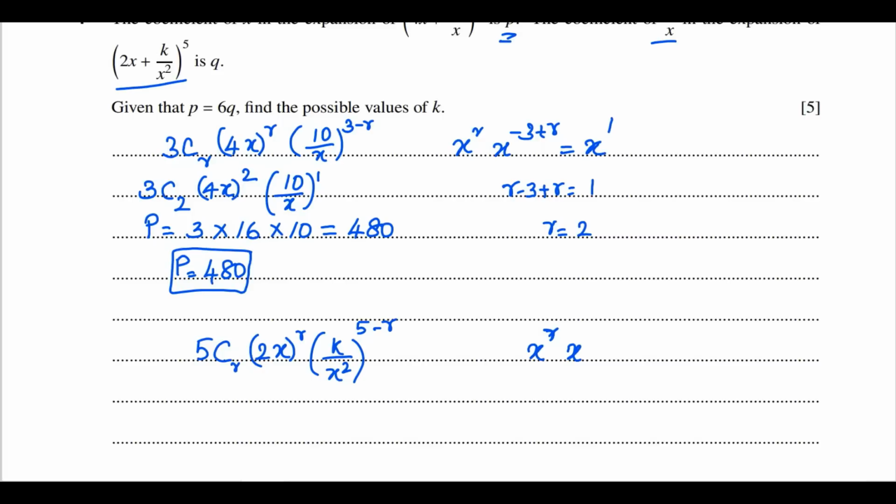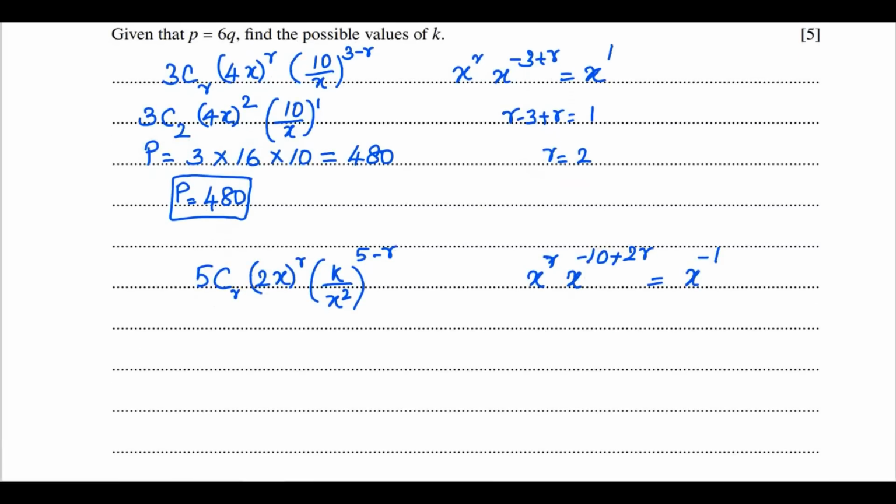Okay, when it comes to the denominator, you will get x power minus 2 multiplied by 5 minus r. So minus 10 plus 2r equal to 1 over x is x power minus 1. Okay. Now equate the powers. r minus 10 plus 2r equal to negative 1. So 3r equal to 9. So r equal to 3.